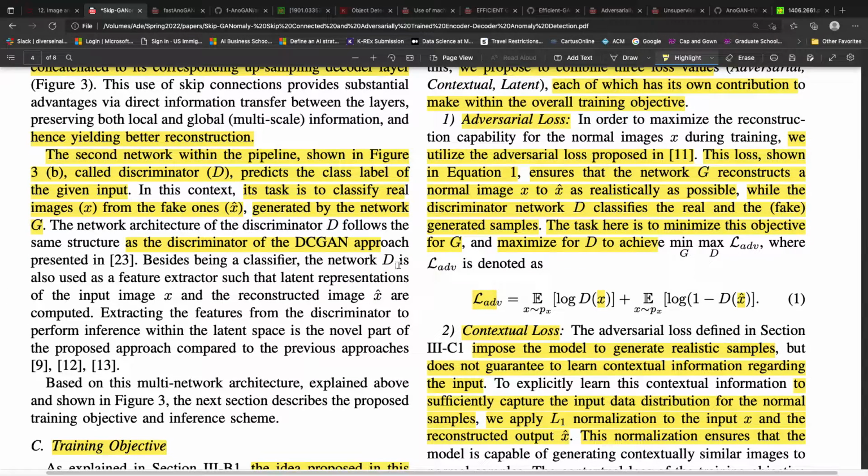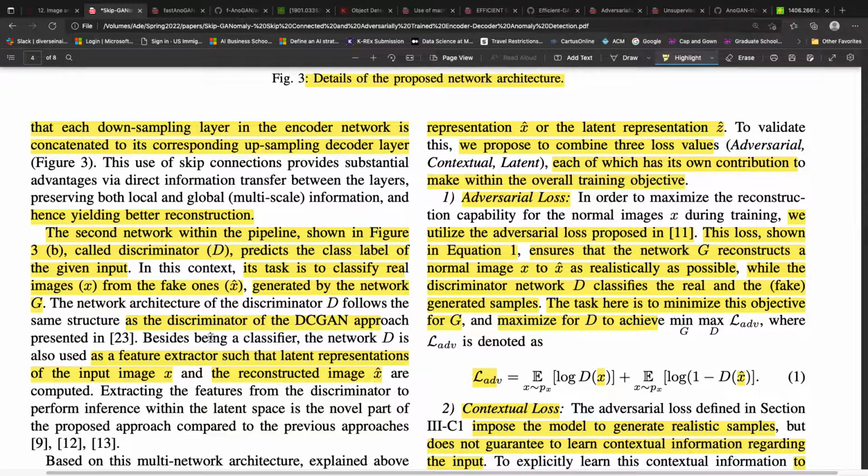The network is also used as a feature extractor such that the latent representations of the input image X and the reconstructed X bar are computed. That's essentially what is happening there. All right, thank you very much, and see you in the next one.